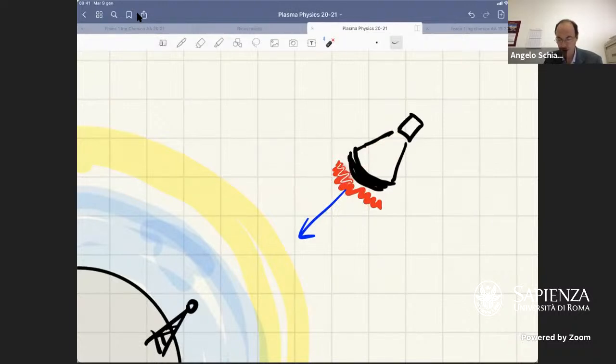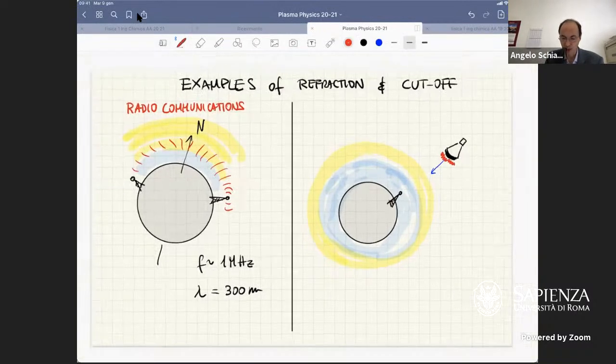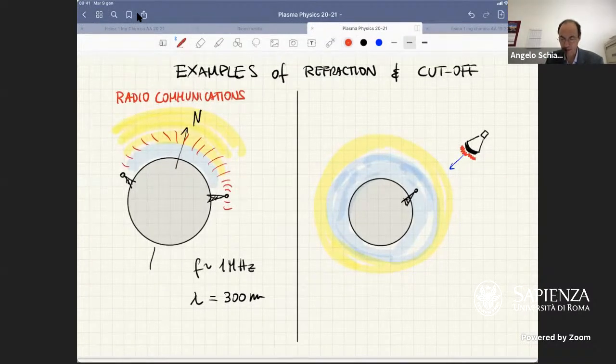So we produce a high temperature gas here that eventually becomes ionized, and it produces a plasma just in front of the re-entry vehicle. So when it comes to a much denser part of the atmosphere, it produces a plasma which is very, very dense with respect to the ionosphere, where radio waves can work.